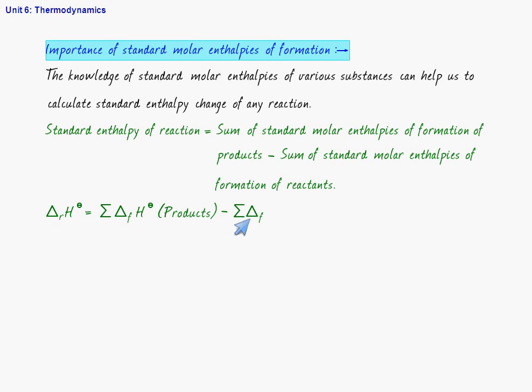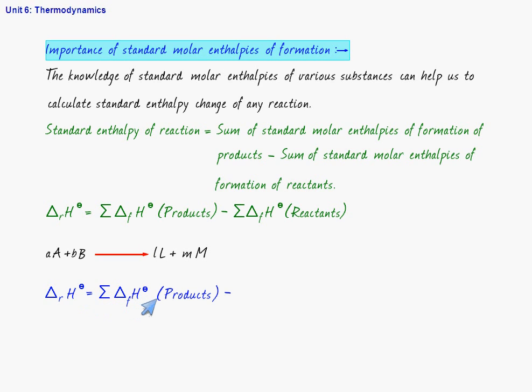Now, suppose we have the reaction aA plus bB gives lL plus mM. Then delta rH naught is equal to summation of what? Delta fH naught of products minus summation of delta fH naught of reactants.